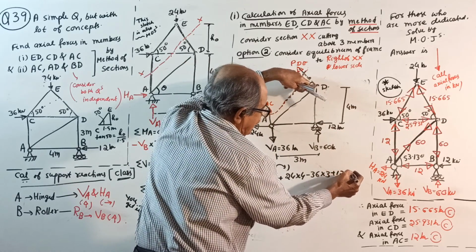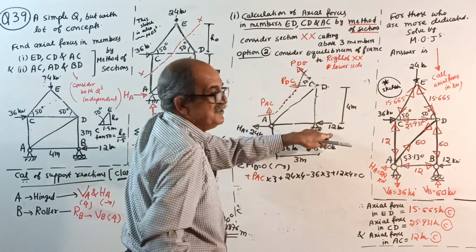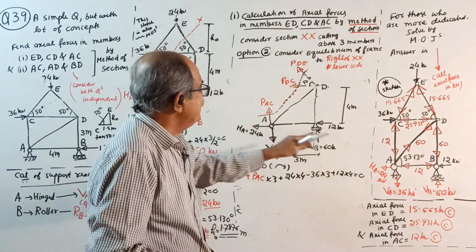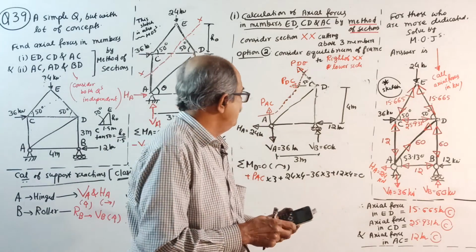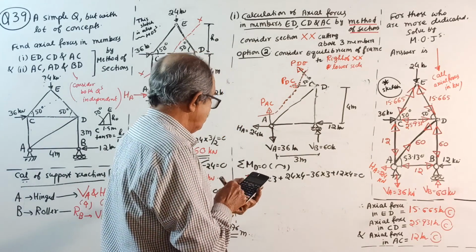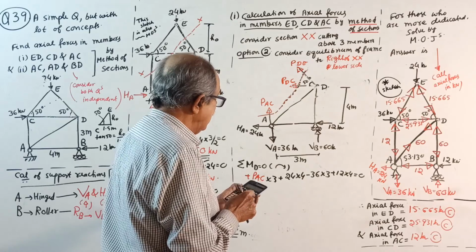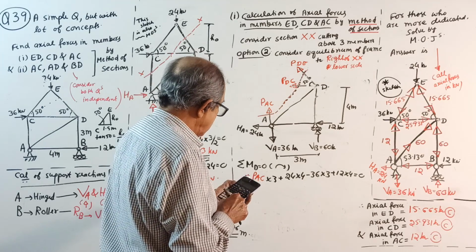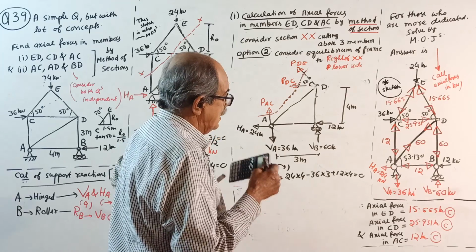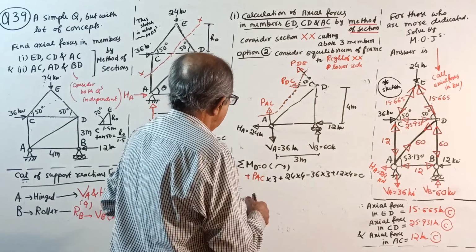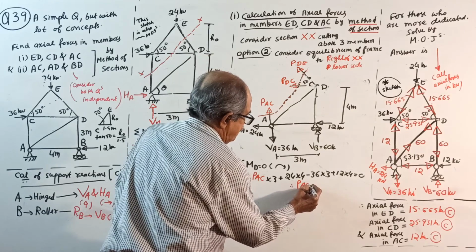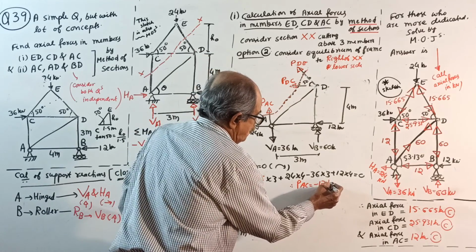I forgot to write this 12. Okay, 24 into 4 minus 36 into 3 plus 12 into 4, divided by 3. Answer is plus 12 kilonewton. Not plus, sorry, minus. Therefore, your PAC will come minus 12 kilonewton.